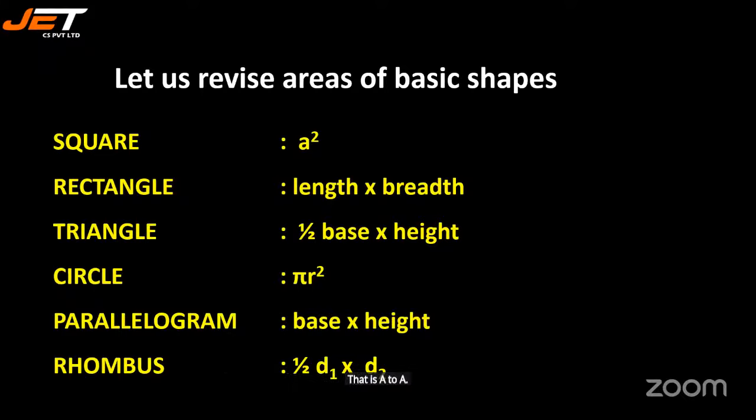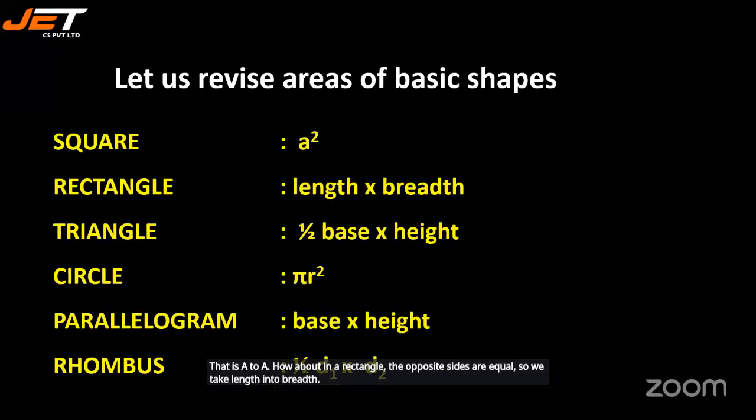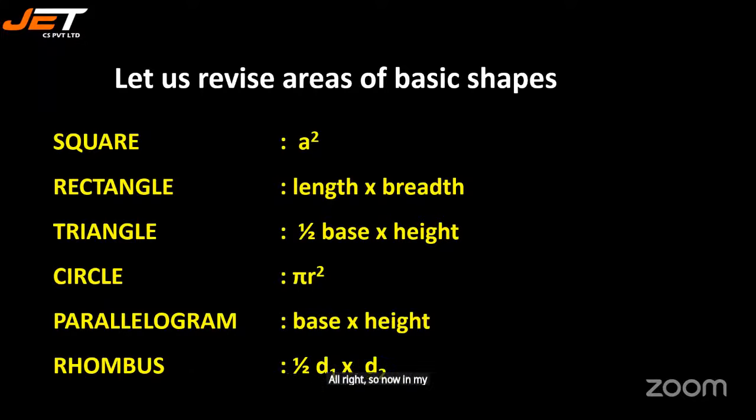How about a rectangle? The opposite sides are equal, so we take length into breadth. In a triangle, we take half into base into height. Next, we have a circle, which has the area pi r square.